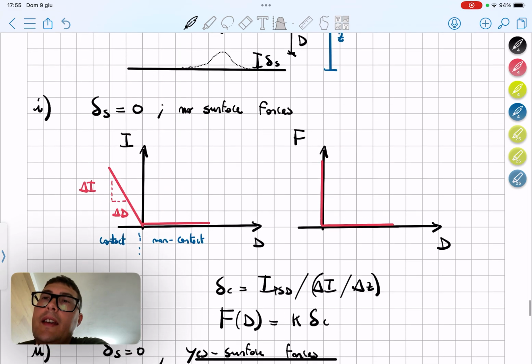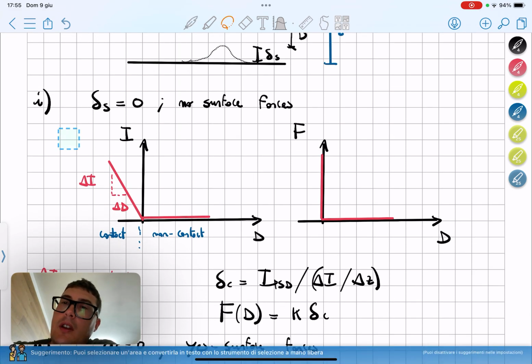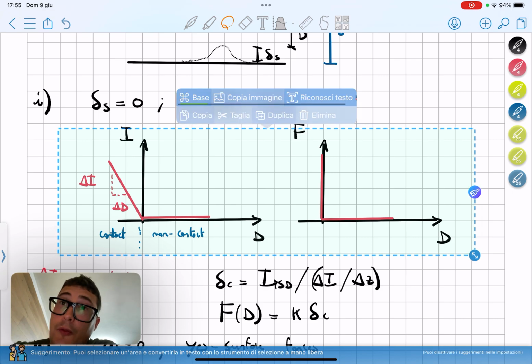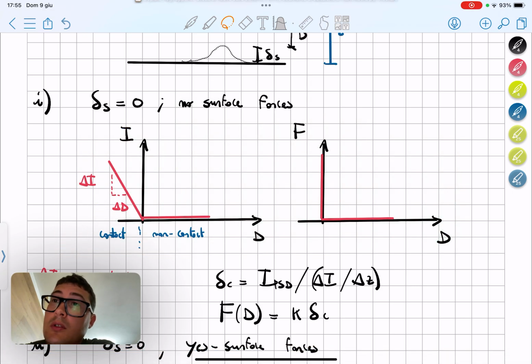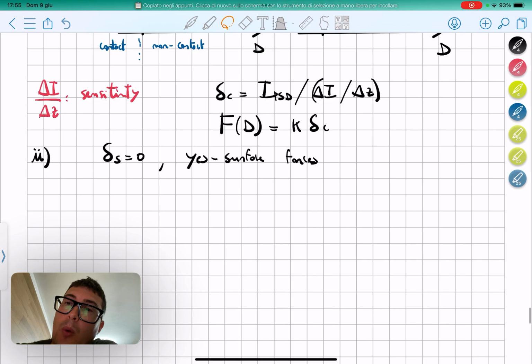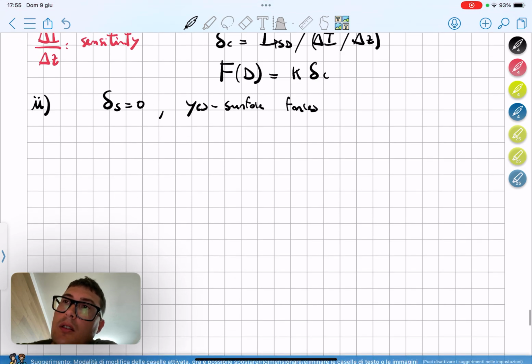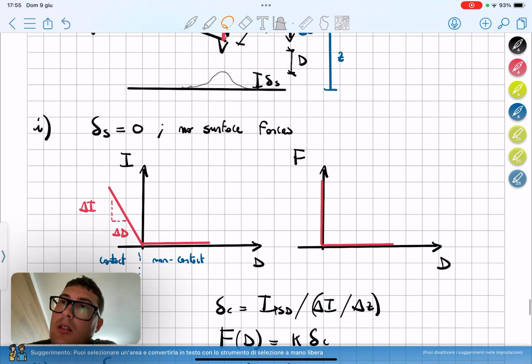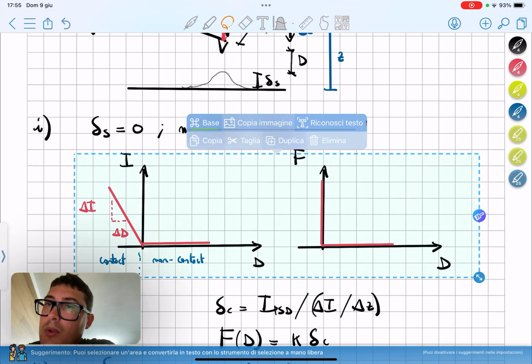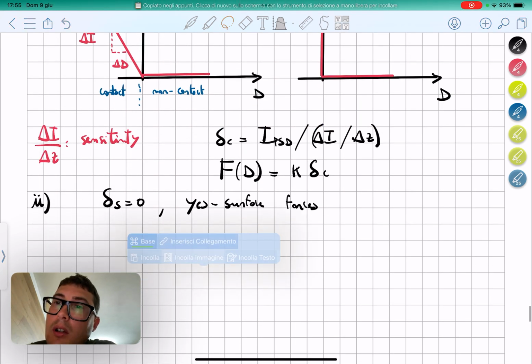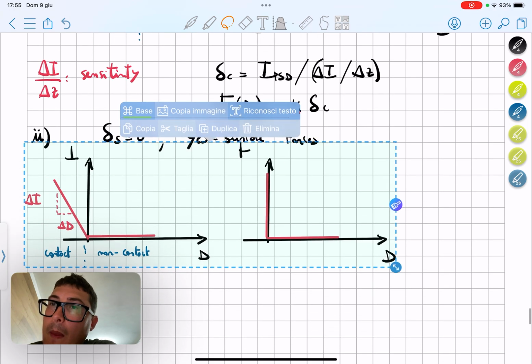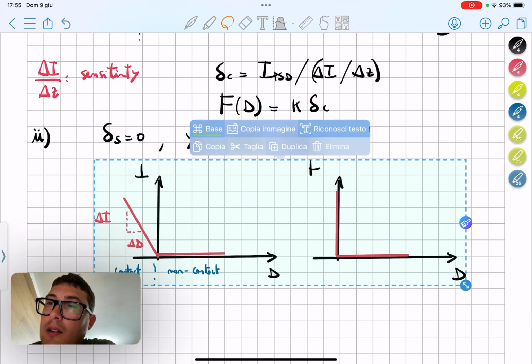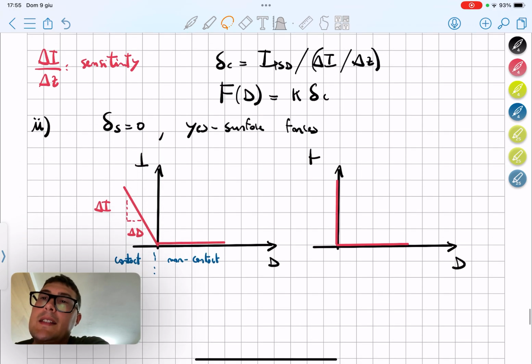So we switch on the surface forces. And there is of course a different behavior in this case.